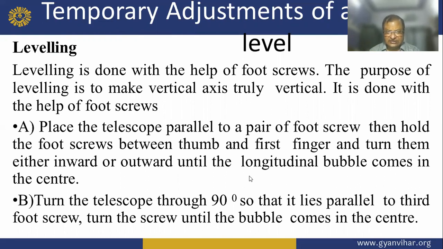Place the telescope parallel to a pair of foot screws, then hold the foot screws between thumb and first finger. Turn the telescope through 90 degrees so it is parallel to the third foot screw. Turn the screw until the bubble comes to the center.